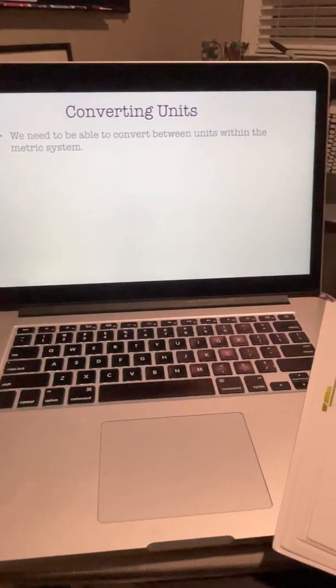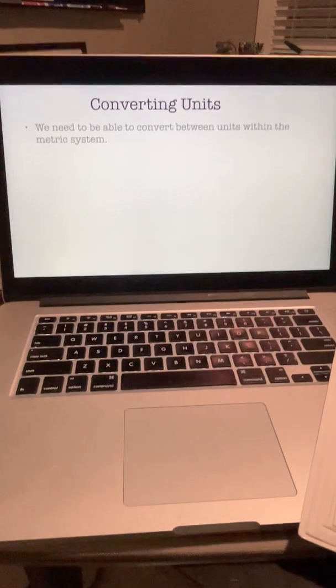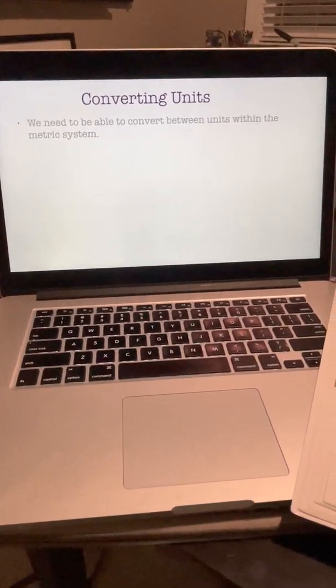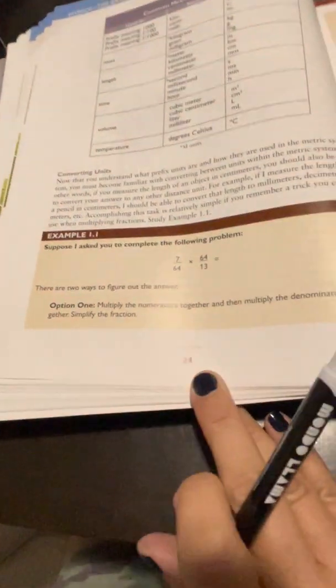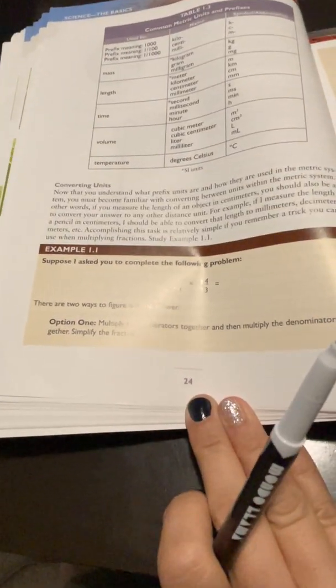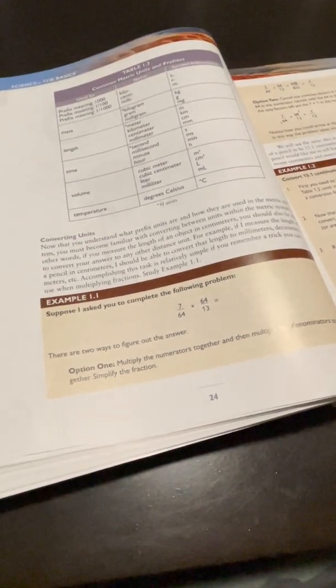All right, so what we're gonna do is stop with this computer screen and go over to our textbook. It says here, suppose I asked you to complete the following problem: 7/64 times 64/13.